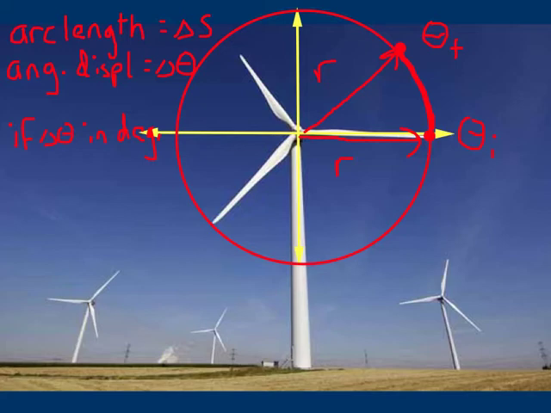It didn't go all the way around though, but I can figure out the fraction of the angle that it traveled. And the way I would write that is delta theta over 360 degrees. So this is how much of a circle it traveled, and then I'm going to multiply that by 2 pi times r, and that will equal my delta S, my arc length.